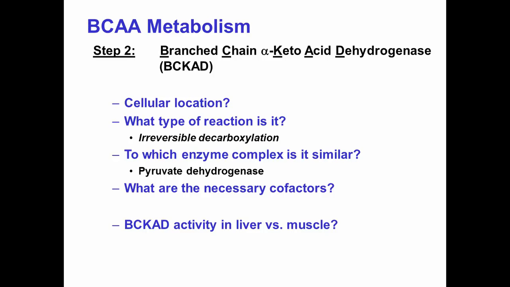What happens with BCKAD activity in liver compared to muscle? BCKAD activity is much higher in the liver than the muscle under normal physiologic conditions. So they've got opposites, right? BCAAT, the transaminase, is much higher in muscle than liver, and BCKAD is much higher in liver than muscle under normal physiologic conditions.